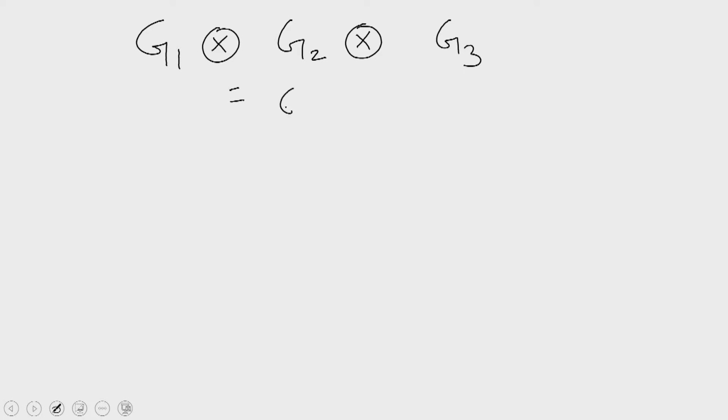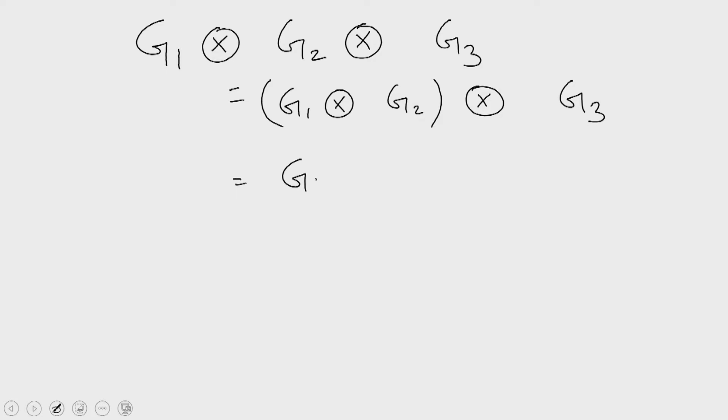When we are given 3 graphs, we define the cross product of the 3 of them as this. You can readily verify that this is the same as this.